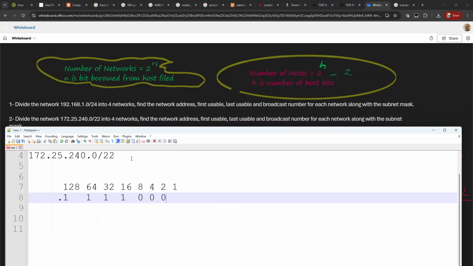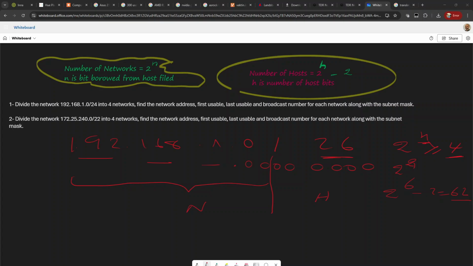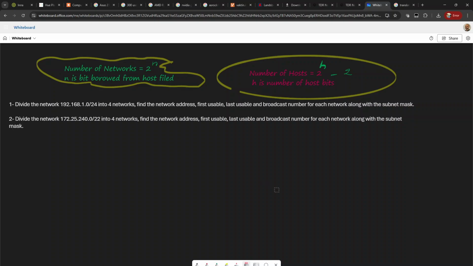If you get confused, you could also do the other method. Let me show you how to convert 240 into binary.